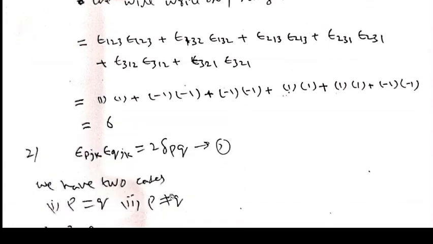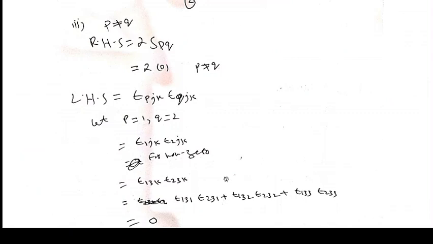Now the second property. You can see what the second property is. We have epsilon pjk epsilon qjk equals 2 times delta pq. Here we again have a product of the permutation symbol, but there is a little difference between the first and second property.